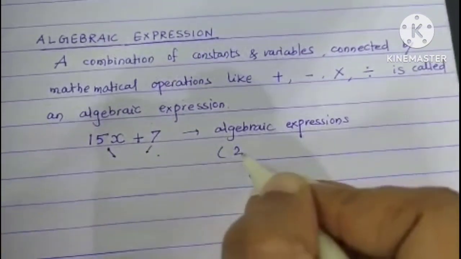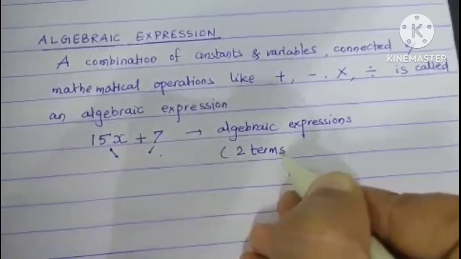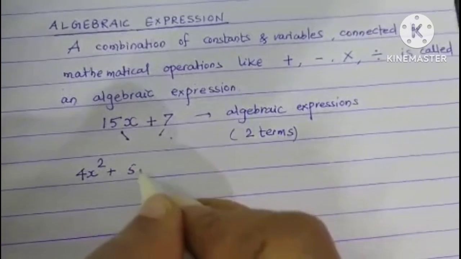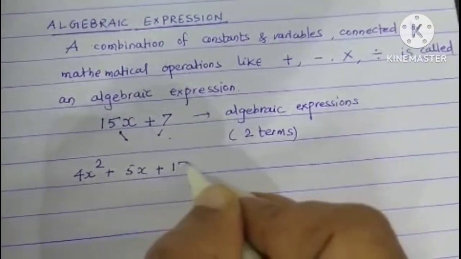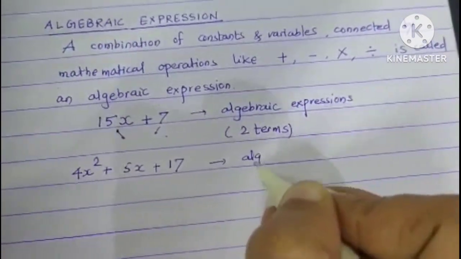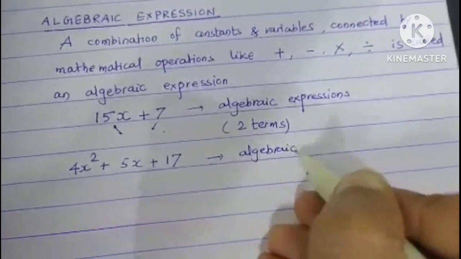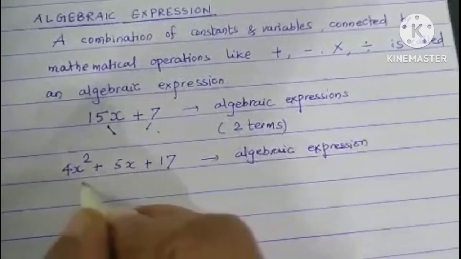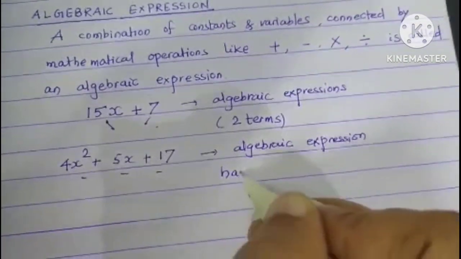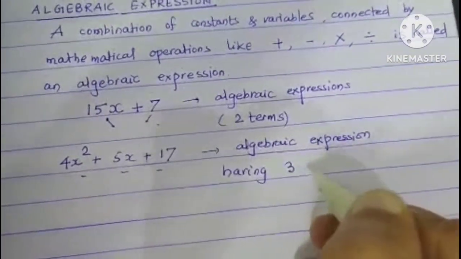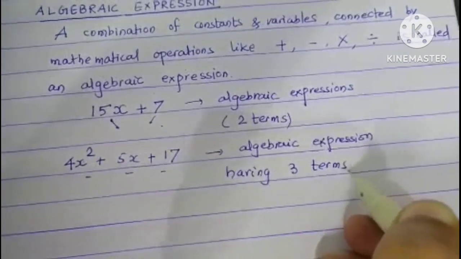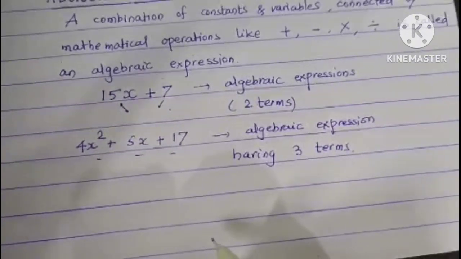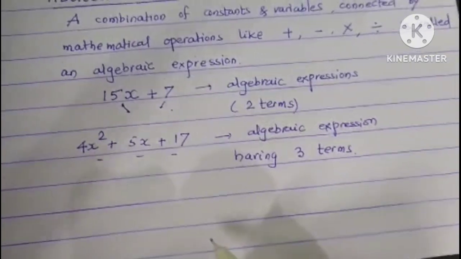Now you can write 4x square plus 5x plus 17. This is also an algebraic expression, having three terms: 1, 2, 3. So algebraic expression and terms you have understood from here.